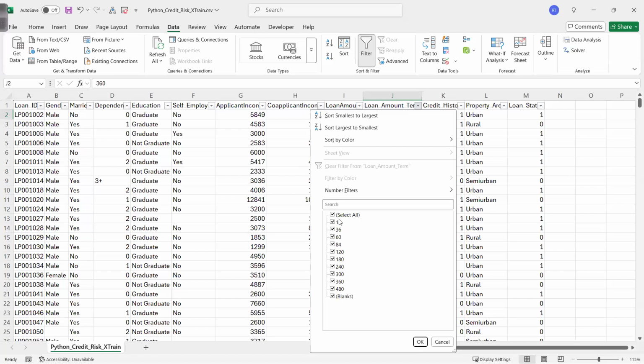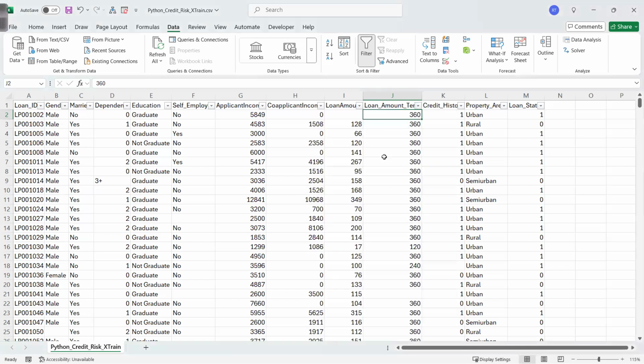So we have the 1 year loan, 3 year loan, 5 year loan, 7 year loan, 10 year loan, 15 year loan, 20 year loan, 25 year loan, 30 year loan, and 40 year loan. So it's a fixed set of numbers. That's why I am considering it as categorical data, and I will be passing this loan amount term in my chart.